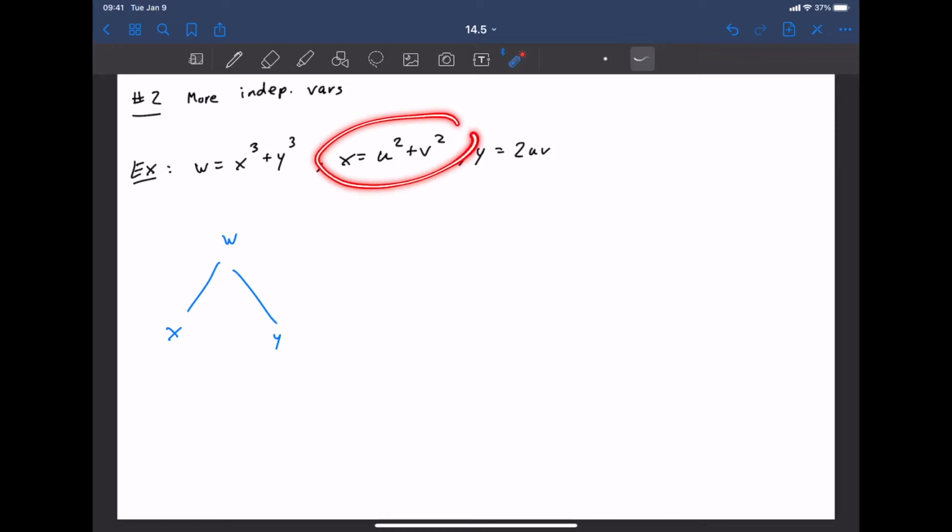If I look at the x equation, we have our u and our v. If we have the y equation, we still have a u and a v. And that's what makes this less and less simple, less and less easy.